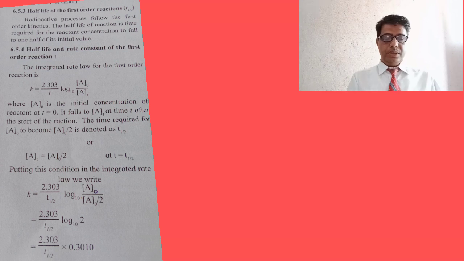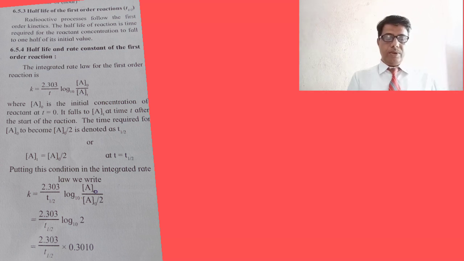So this equation becomes k is equal to 2.303 upon T half, that is we put the value of T equal to T half, the half-life or time, log to the base 10 A0 upon A0 by 2, where the value of A_T is equal to A0 by 2, that is the initial concentration, and the time required for it to become half, that is A0 by 2.